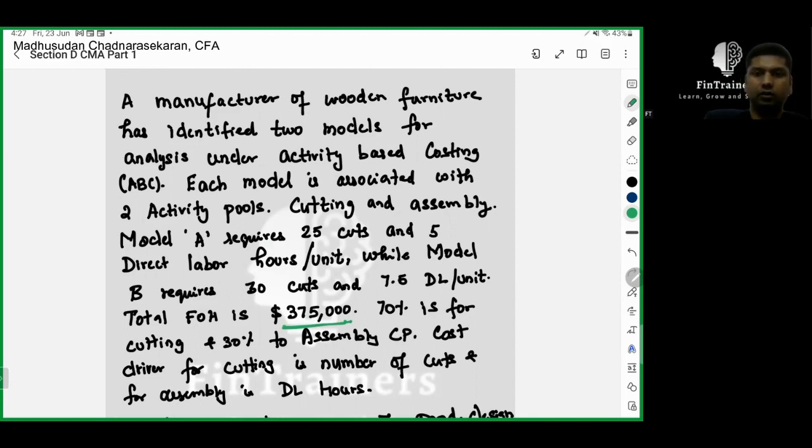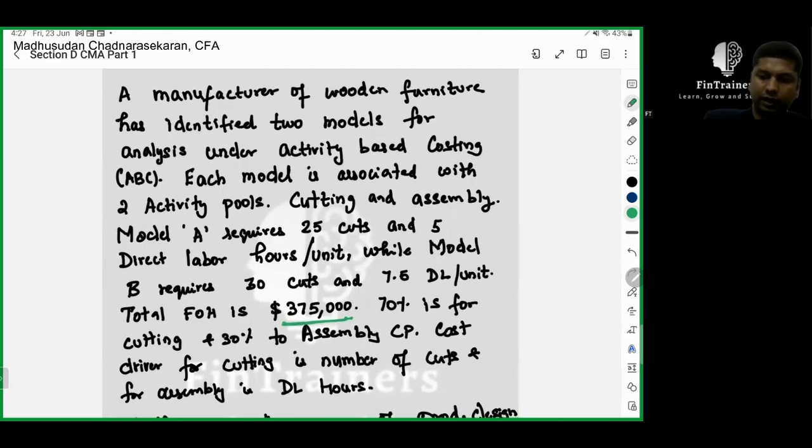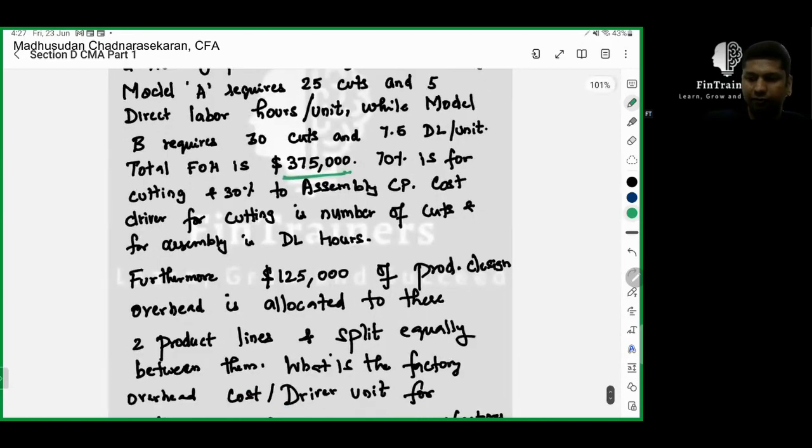The cost driver for cutting is number of cuts, and for assembly, it is the direct labor hours. Furthermore, 125,000 of product design overhead is allocated to these product lines and split equally between them.